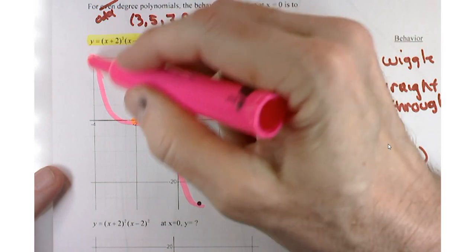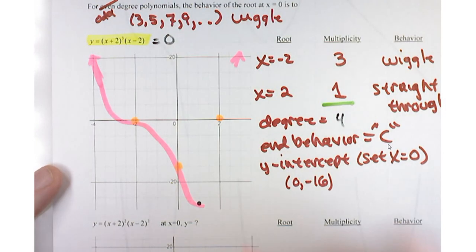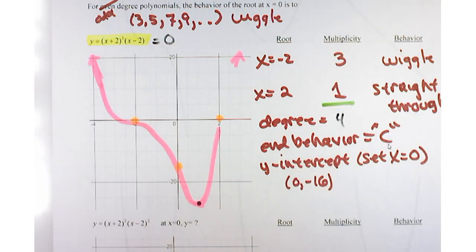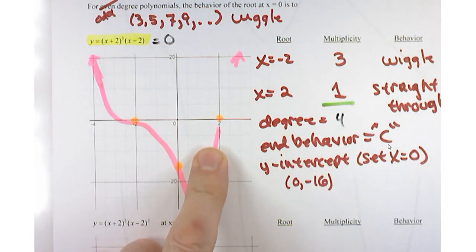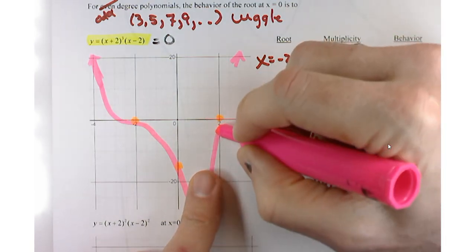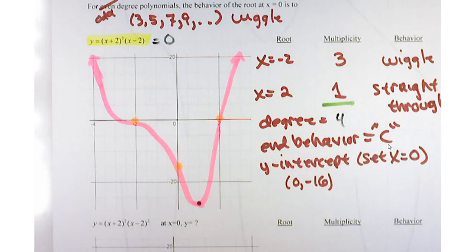So that's what the graph has to look like, at least part of this graph. Now the rest of this is going to come up. What's this function going to do when it touches the x-axis here? Wiggle? It's going to go straight through. So let me just go straight through. And there's the rest of our graph.